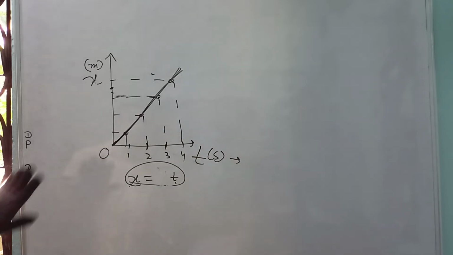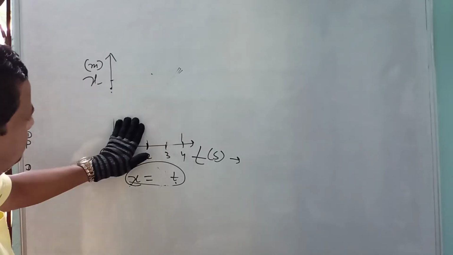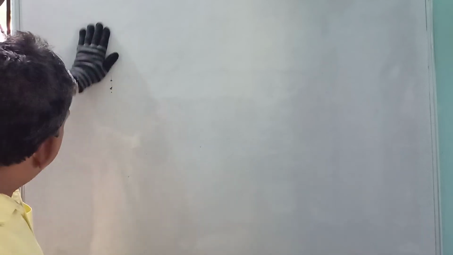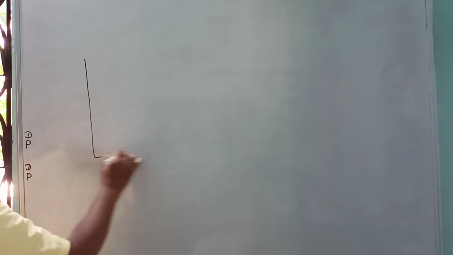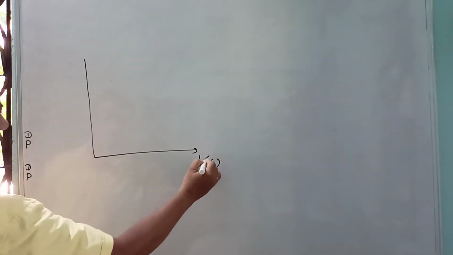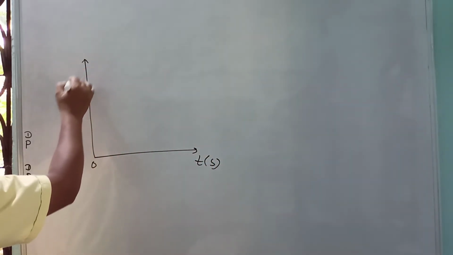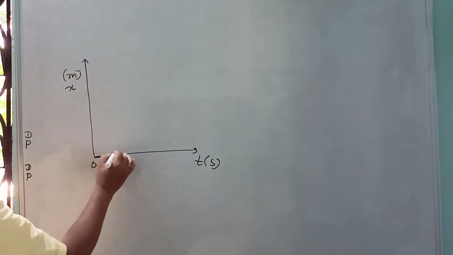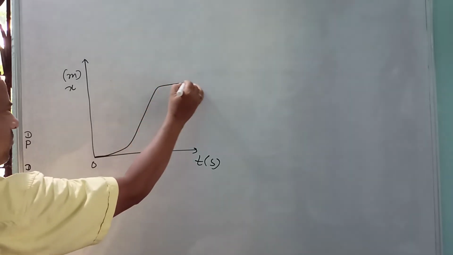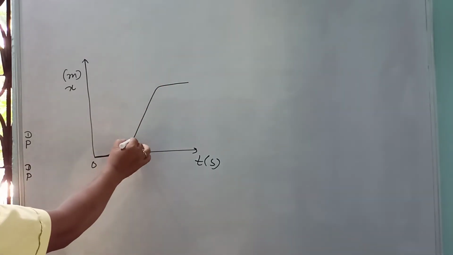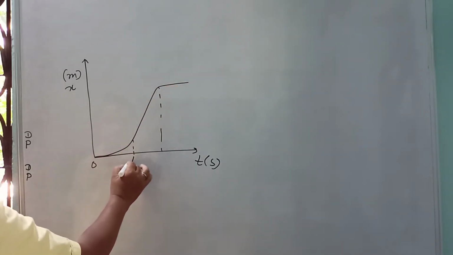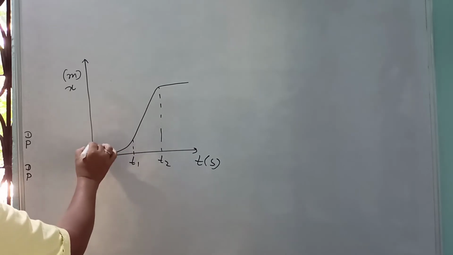But if the graph is like that, what does it mean? Suppose this is T1, this is T2.